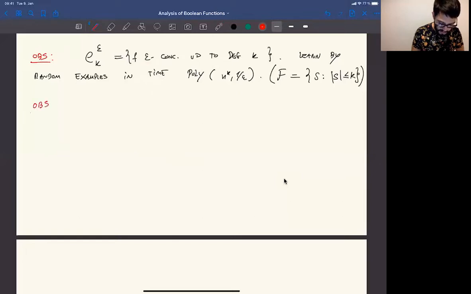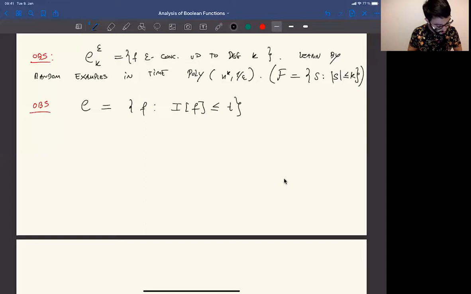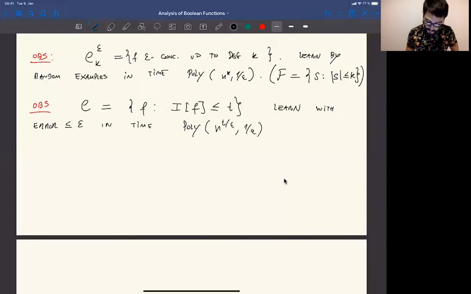Another class you can learn is, for instance, the class of functions which have influence less than or equal to t, and we can learn it again by randomized examples with error less than or equal to epsilon in time poly in n, t over epsilon, 1 over epsilon, which is O of n to the t over epsilon.